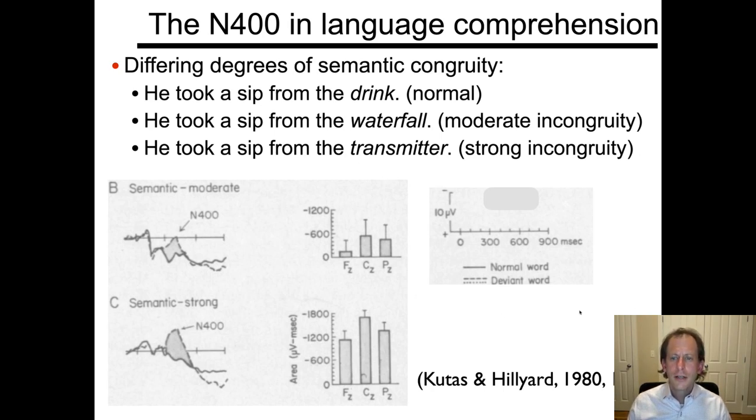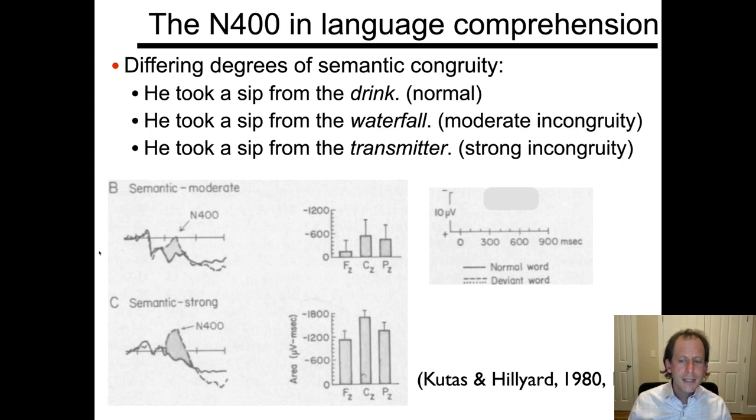And just to orient you to how this is looked at here, for historical reasons, these are plotted on a chart where the x-axis is time from the onset of the word, when the word drink, waterfall, or transmitter was flashed, and the y-axis is microvolts, but it's done in a way that negative is up and positive is down, for historical reasons once again.